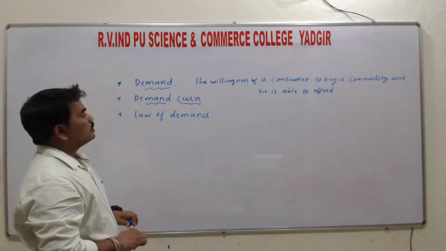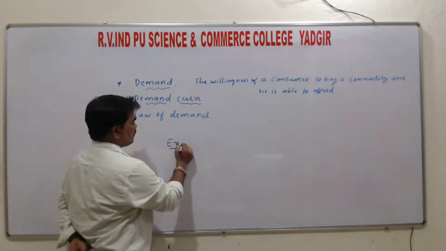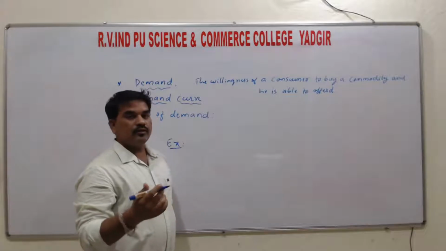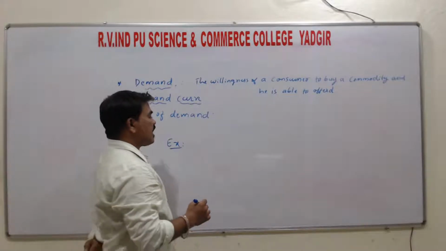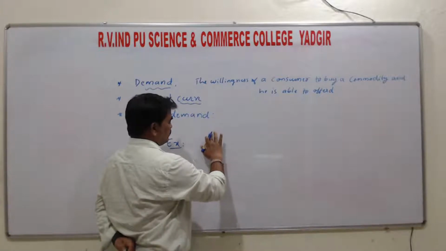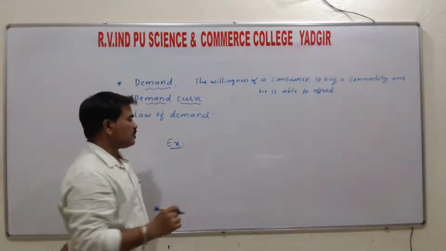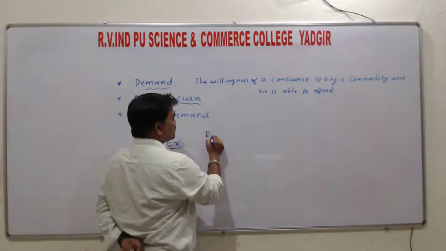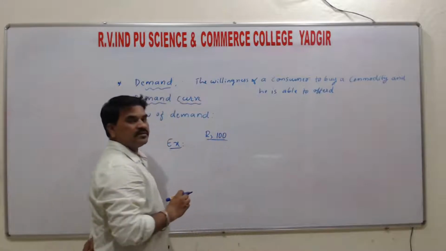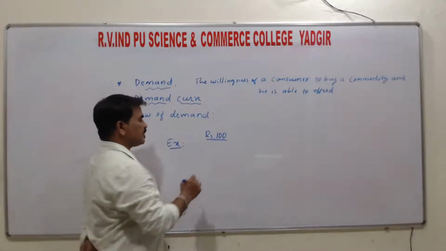Now, for example, I'll go to the vegetable market and I'm willing to buy tomato, but whenever we discuss, always remember that there are scarce resources. The resources are limited.